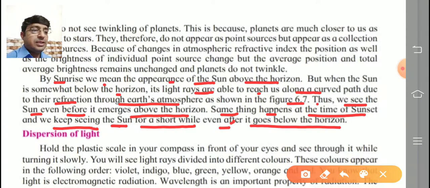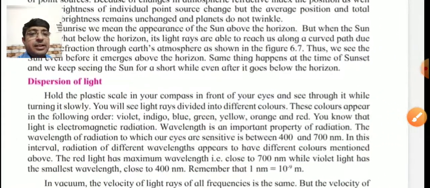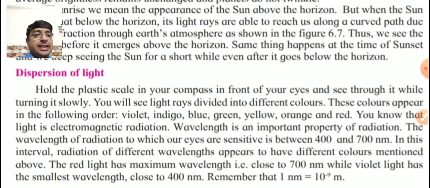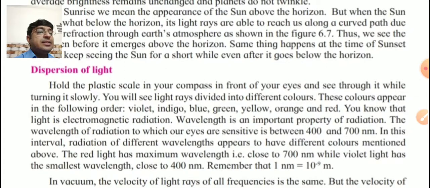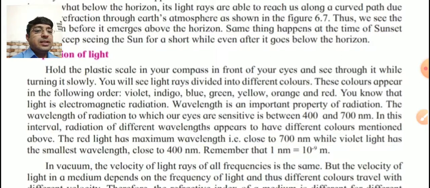So these are the give reason questions asked here. Next point is dispersion of light. Hold the plastic scale in your compass in front of your eyes and see through it while turning it slowly. You will see light rays divided into different colors.